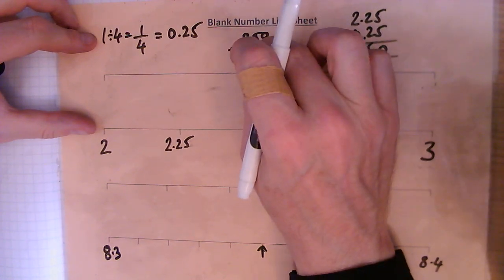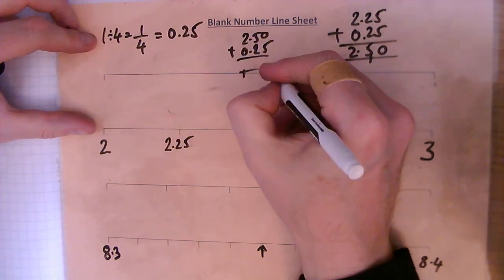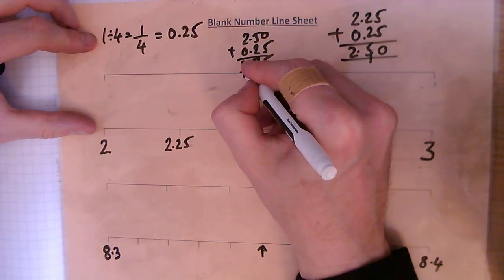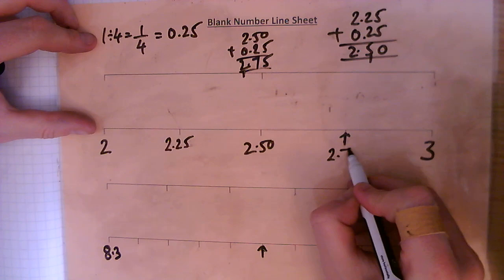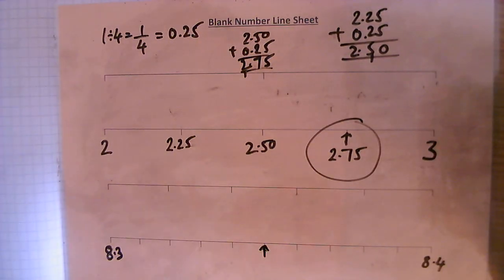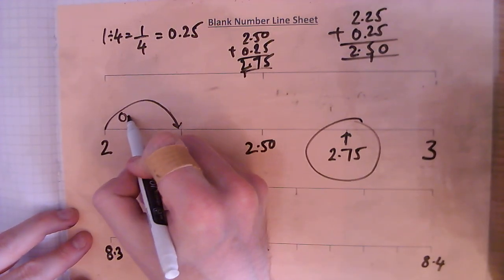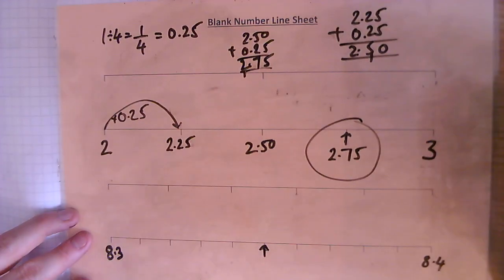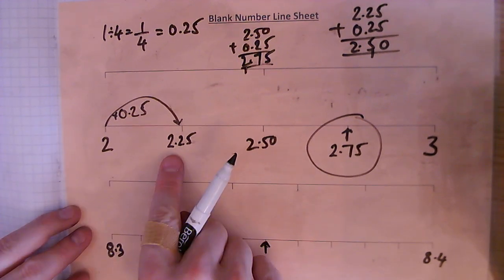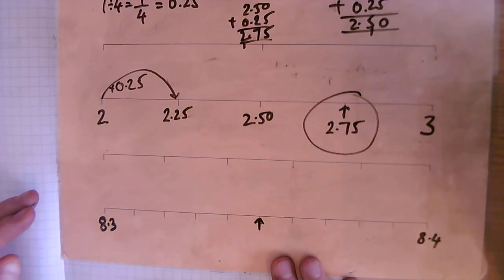Oh, not add 0.5, add 0.25. So this is 2.75. So our answer to this question here, this arrow is 2.75. So we're adding 0.25 each time. We're adding a quarter each time. 2, 2.25, 2.5, 2.75, and 3.